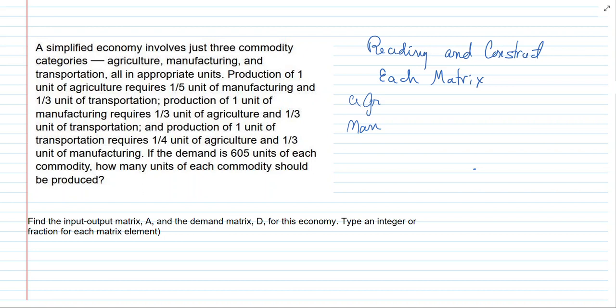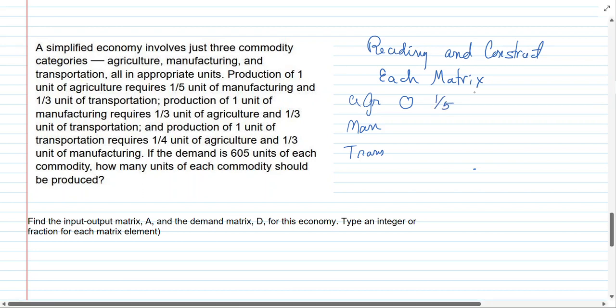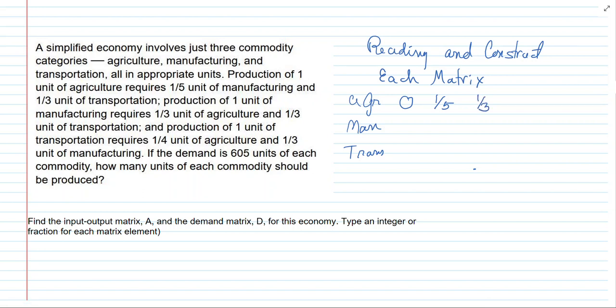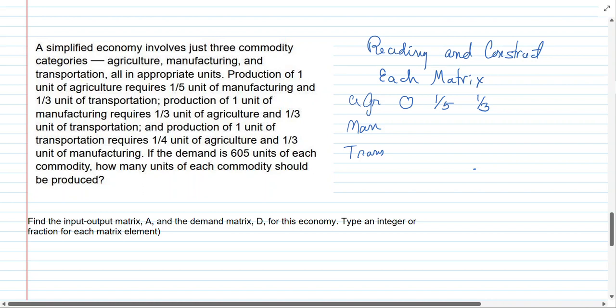In approximate units, production of 1 unit of agriculture takes 1/5 of manufacturing and 1/3 of transportation. We're producing agriculture, so we're putting a 0 on ag. All right.